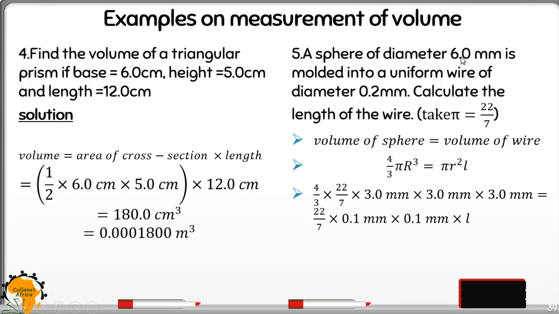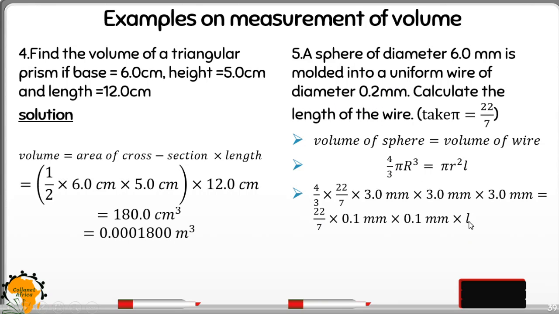If the diameter is 6.0, then the radius will be half of this, which is 3.0. So on the side of the sphere we have 4/3 pi, then radius cubed. Then on the other side, for the wire, we have pi, then our diameter was 0.2, so our radius will be 0.1. Again, we divide by 2 to get the radius.